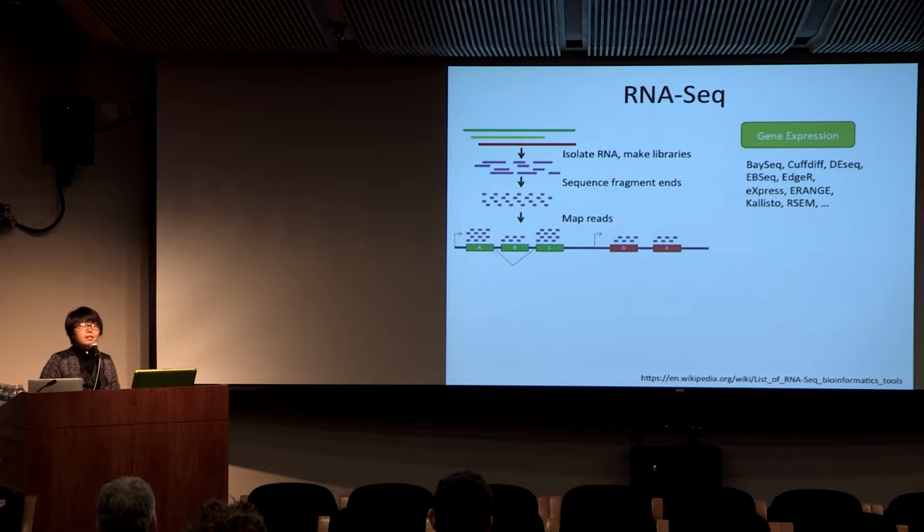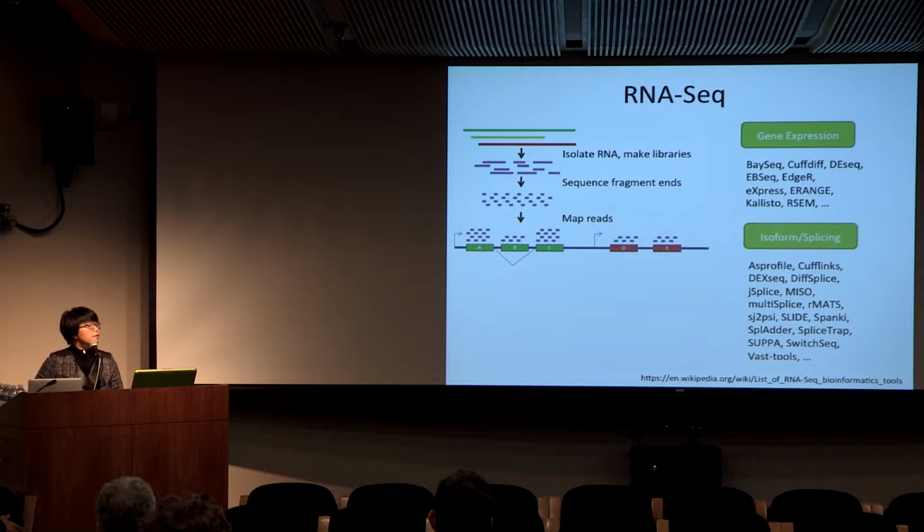So obviously, of the different types of analysis, the first most often used is gene expression analysis. And there are a number of tools developed for this. And then there are isoform analysis or alternative splicing analysis, and there are many tools developed for this purpose as well.